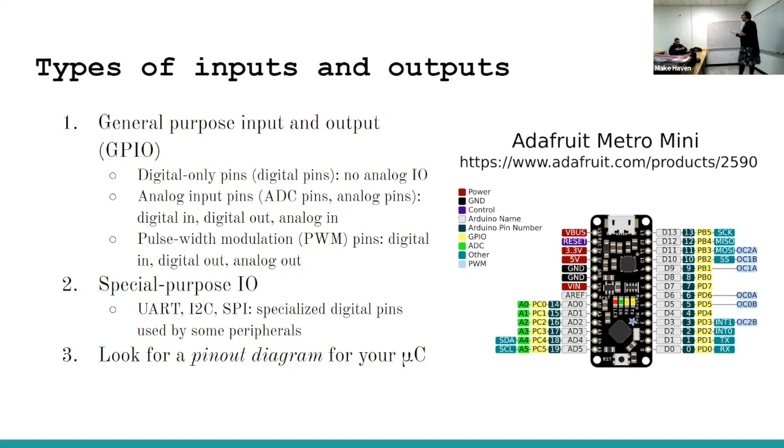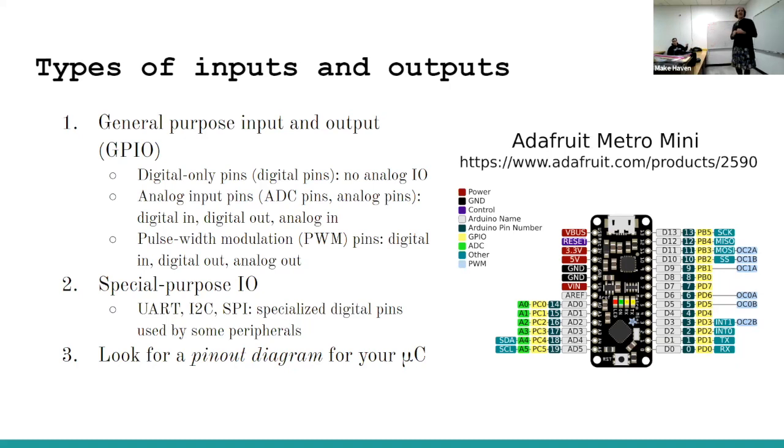For example, if you hook an analog temperature sensor up to an analog pin, what you get back is a number between, let's say, 0 and 1,000. There will be some documentation about how that number is converted to a temperature. But you'll get back a reading that actually represents that analog value.